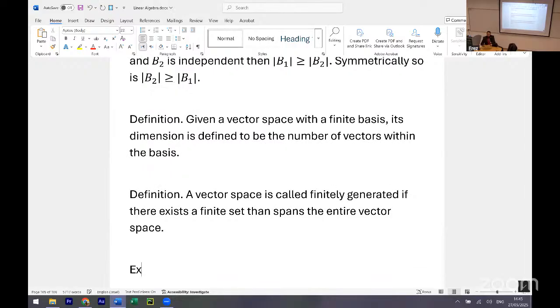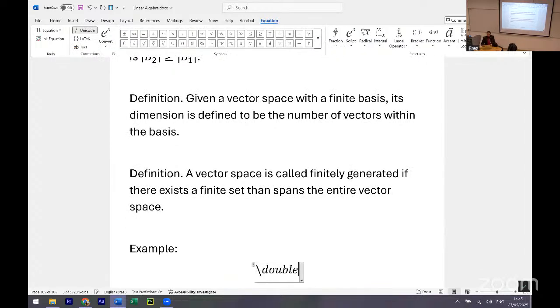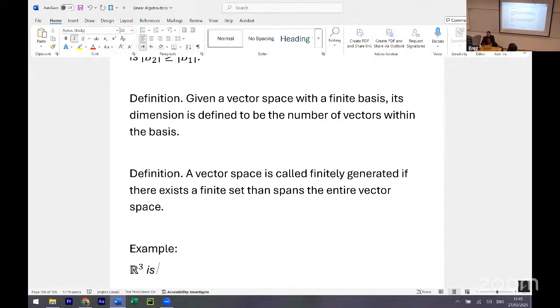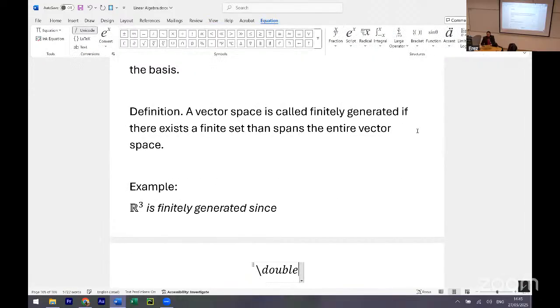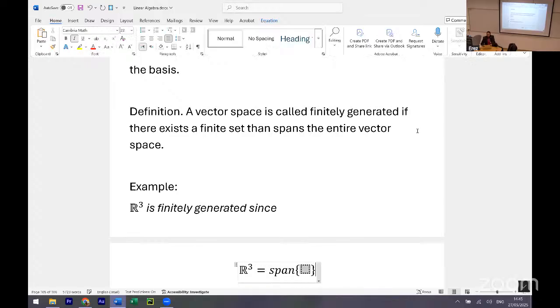For example, if I take R3, it is finitely generated, since R3 is spanned by the unit vectors (1,0,0), (0,1,0), and (0,0,1). So I can span it by three vectors.